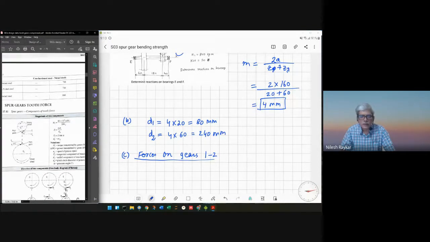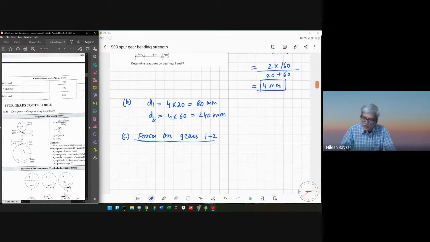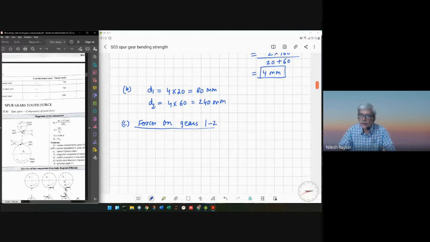So the direction of force on gear 2, we need to decide. So that will come later. First we'll calculate the magnitude. So magnitude I am calculating based on the dimensions of gear 1. Since we know the power and RPM of gear 1, we can calculate the torque acting on gear 1. You can also do the same thing for gear 2 because we can calculate what is the speed of gear 2 and do the same calculations. Here I am doing based on the gear 1 calculation.